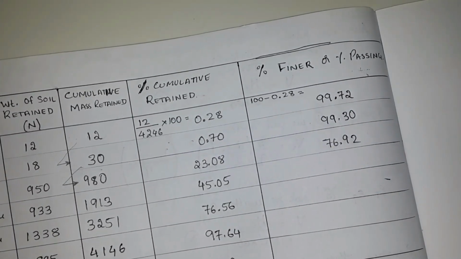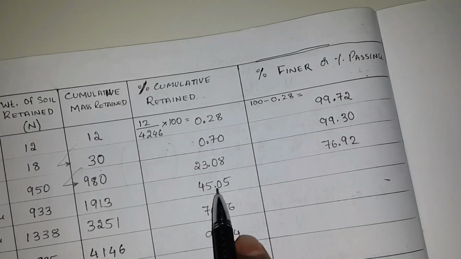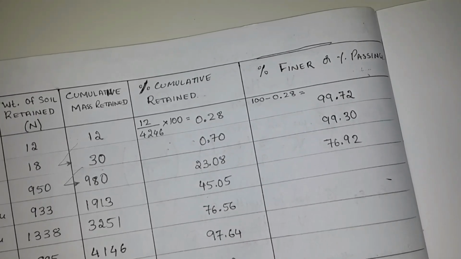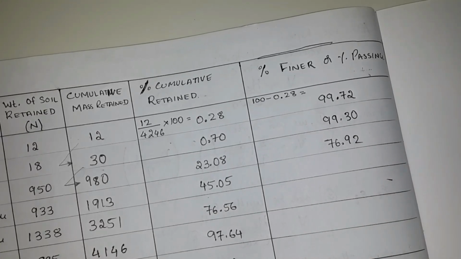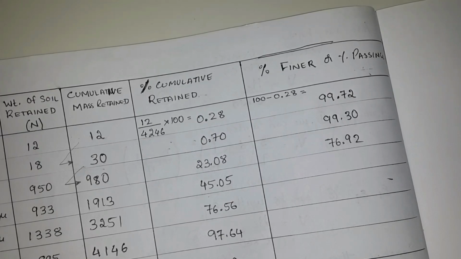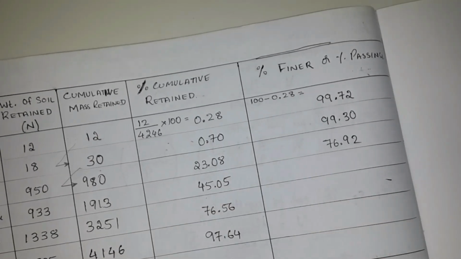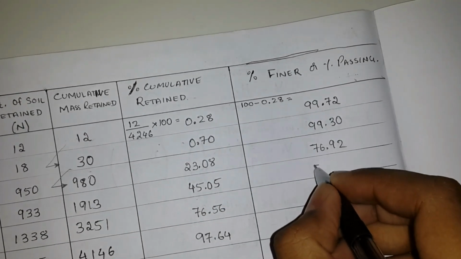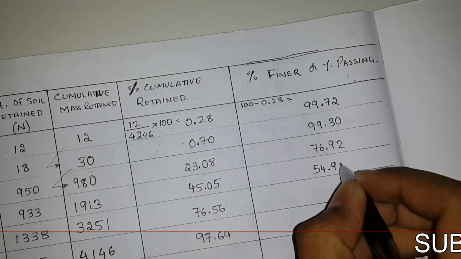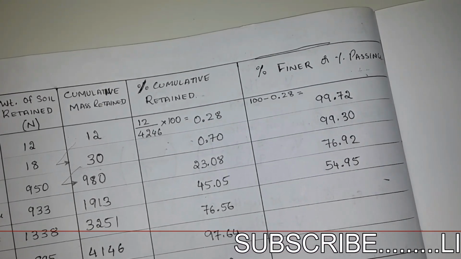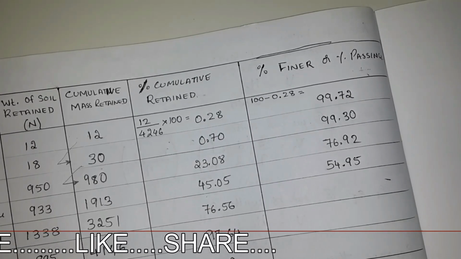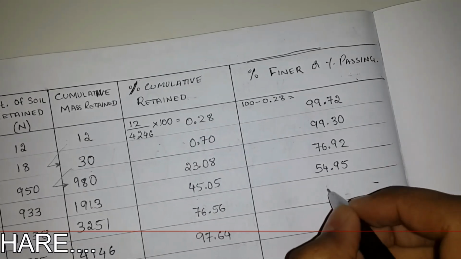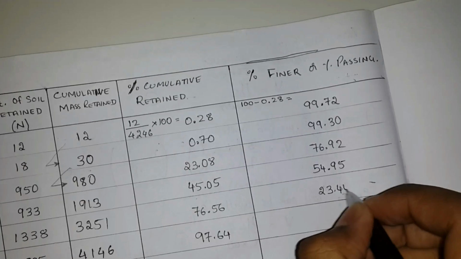Next, 100 minus 45.05 gives 54.95. Next, 100 minus 76.56 gives 23.44.